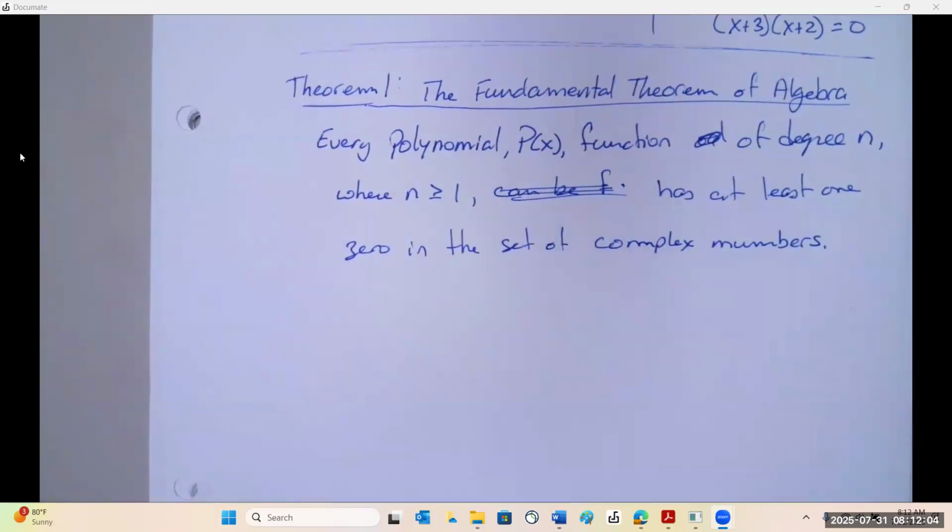I was going to say can be factored into two binomial terms, but that's too much work. This is much easier.